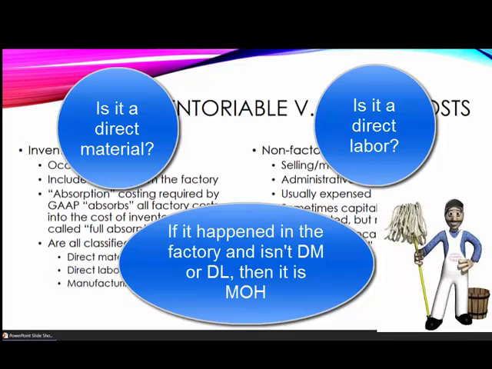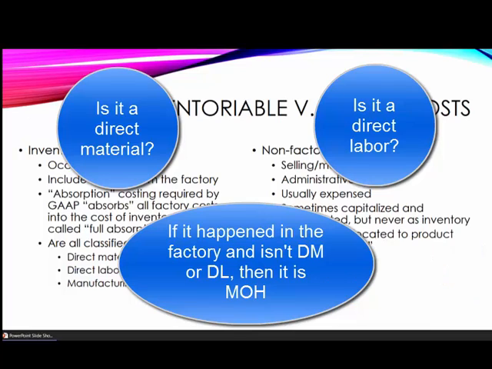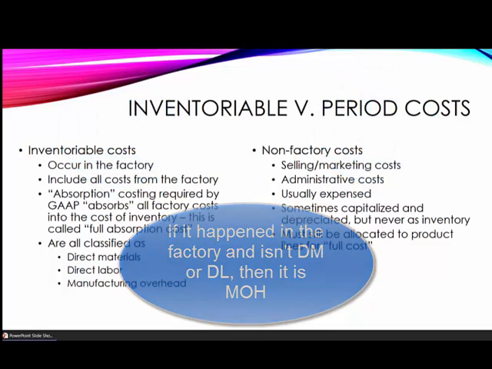If you have a janitor cleaning up the warehouse or cleaning up the kitchens, that would be indirect labor, which is also part of manufacturing overhead. Taxes and insurance, all of those things are part of manufacturing overhead. If it takes place in the factory, it's either direct materials or direct labor. If it's not one of those two, it's manufacturing overhead.